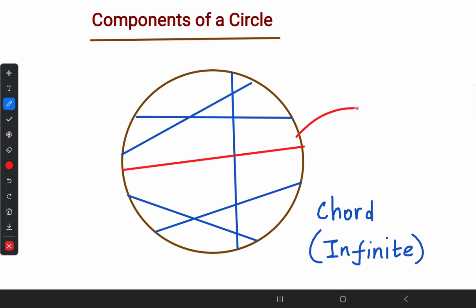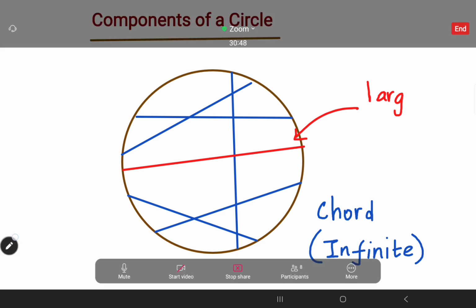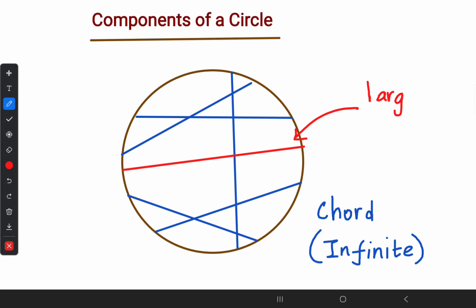This is the largest chord. That is our diameter. Chord means when we connect two points in a circle, that would be a chord. Again, same thing, we can draw an infinite number of chords.